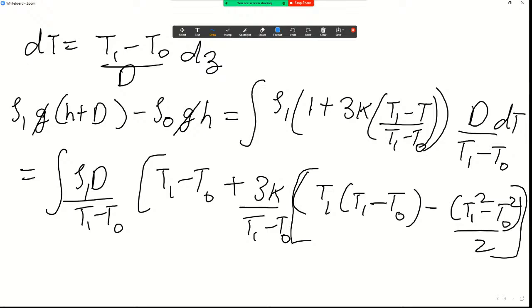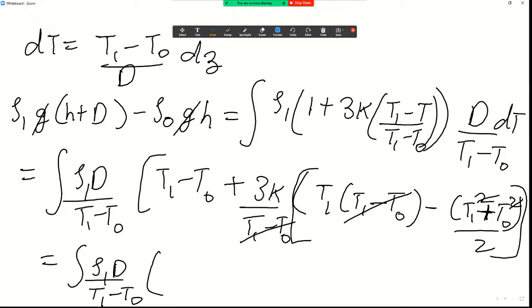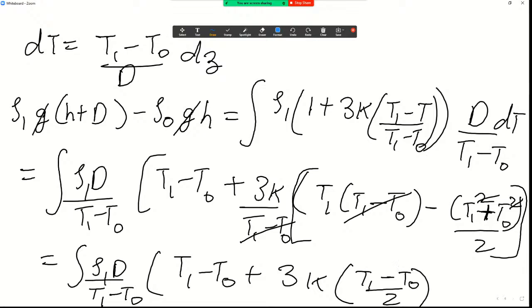So we can eliminate this T1 minus T0 and have plus here. Okay, that expression will also be messy. No, it will get simplified if we cancel this T1 minus T0 plus 3k, as this also gets simplified to (T1 minus T0) by 2, if I have not made any calculation mistake.